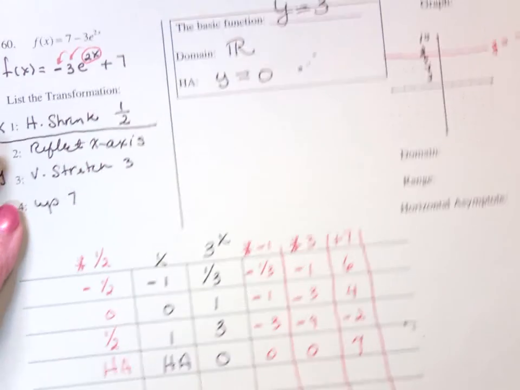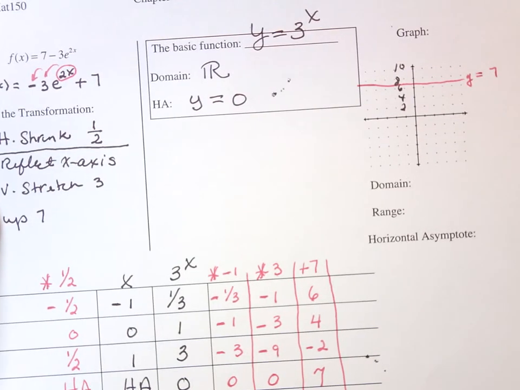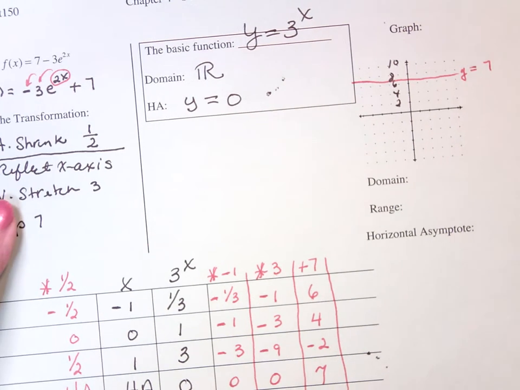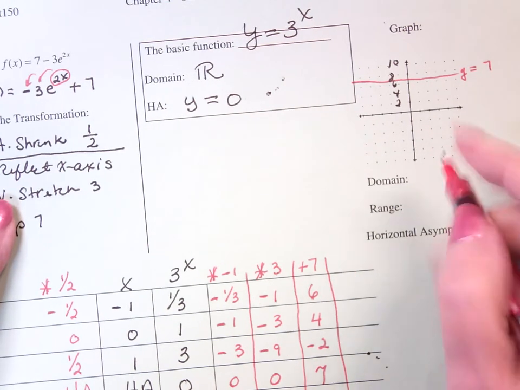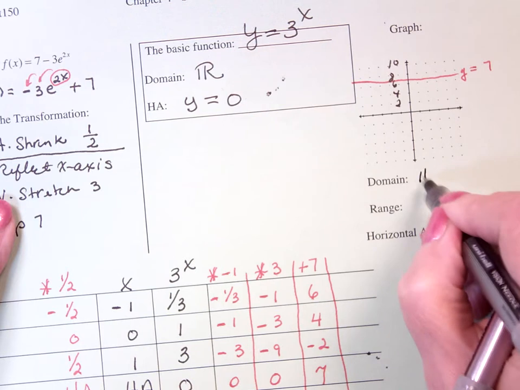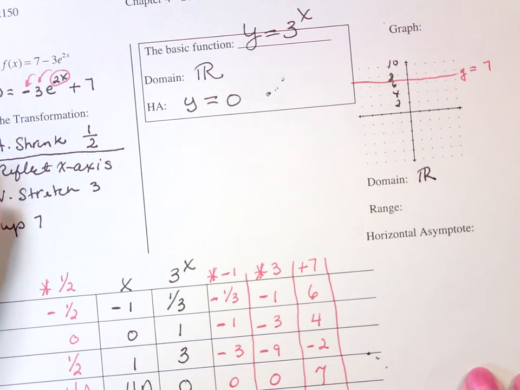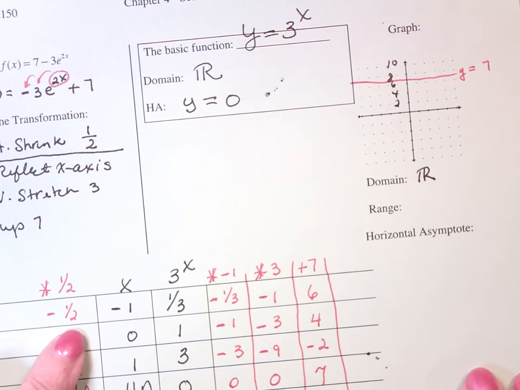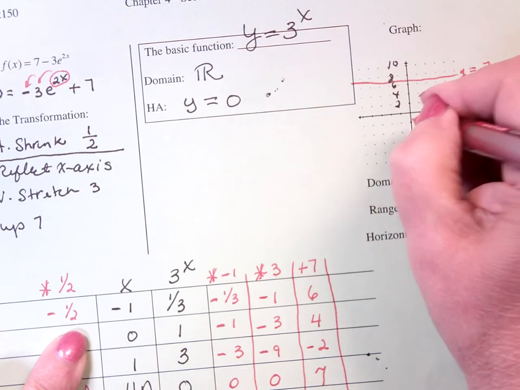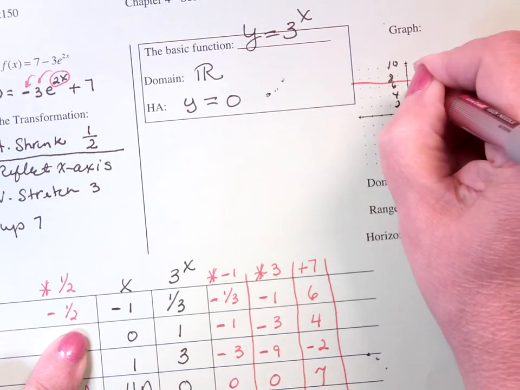There's my HA. Now, of course, the domain, no matter what, is all real numbers. The range will change. So I'm going to have -1/2, +6. That's right here.